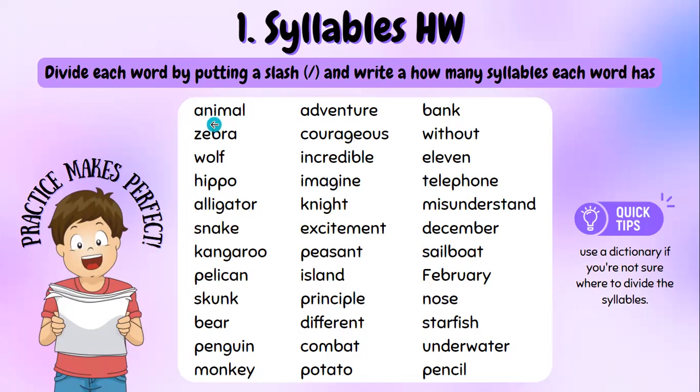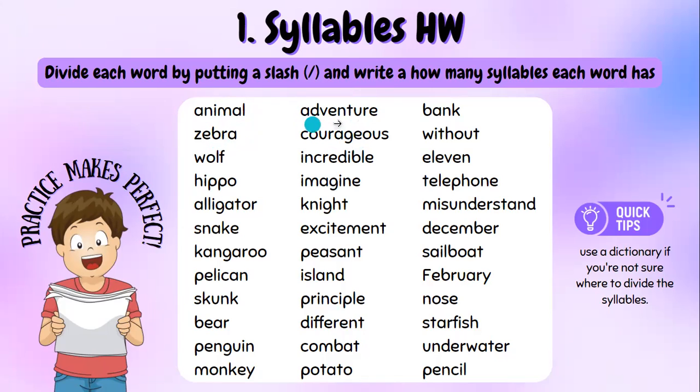The next sound is a short I sound, then we have E and we close it with N, and then finally we have O and we close it with L. So there's 3 syllables.